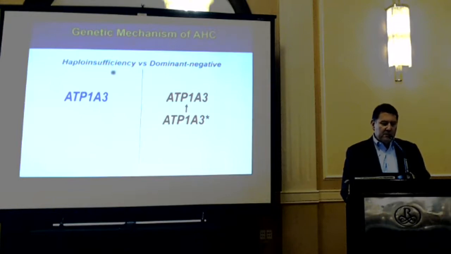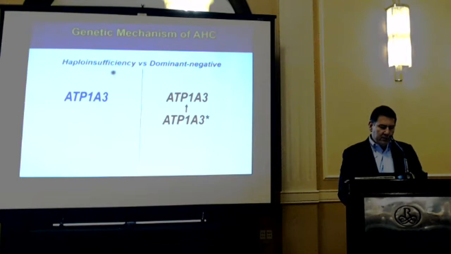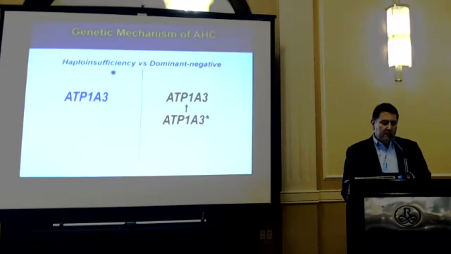Now, the reason I bring this up is because the common mutations are all single amino acid changes in the protein. The protein is likely to be made and exist in some fashion in the cell. And so we can't really easily differentiate between these two mechanisms.